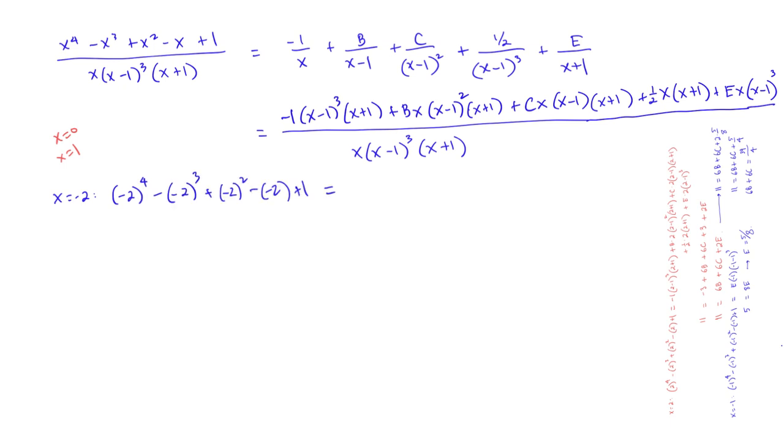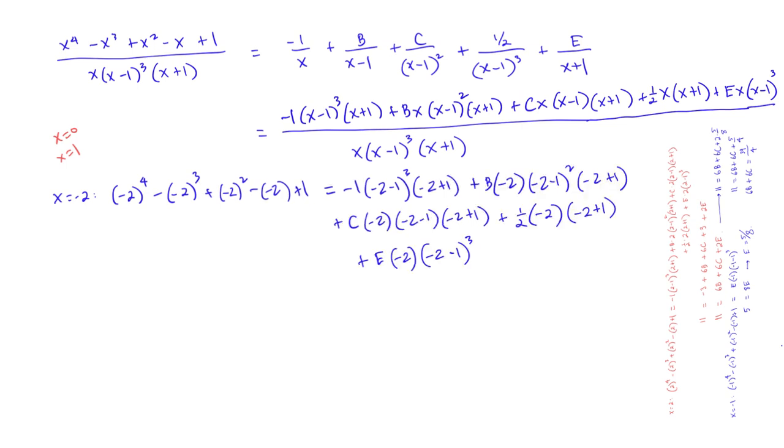And we also plug in negative 2 to the right-hand side and equate the two numerators. The left-hand side is 31, and the right-hand side, negative 2 plus 1 is negative 1. Negative 1 times negative 1 is positive. Negative 2 minus 1 is negative 3.